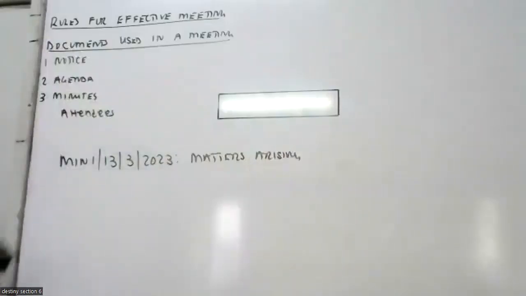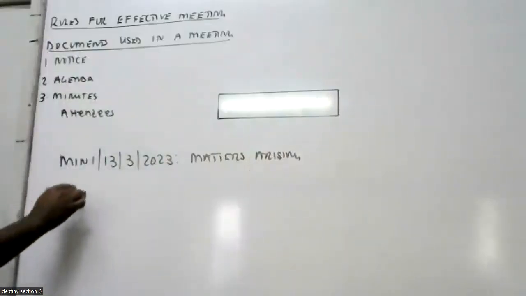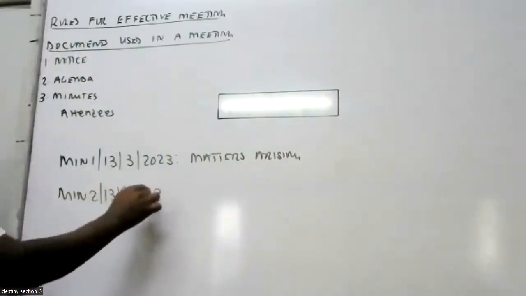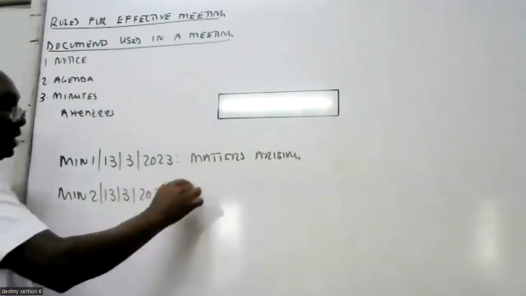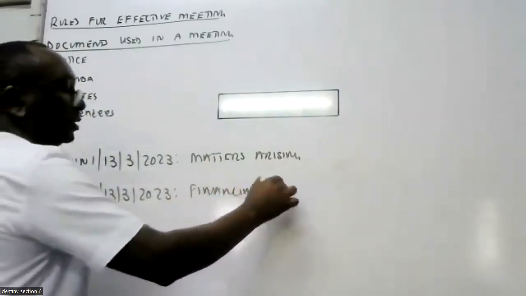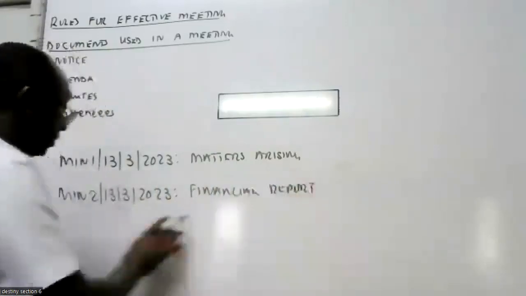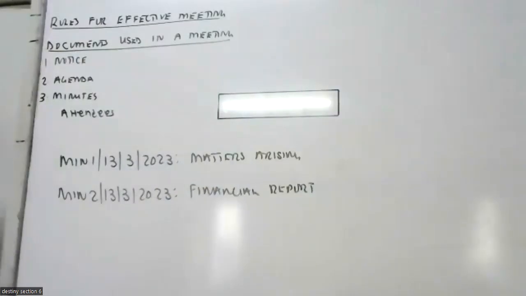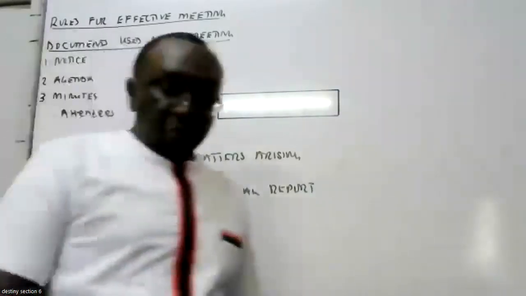So when you go to the next agenda, it's minute 2 of the 13th of March 2023. Maybe you are discussing finances, financial report. Then you go to the next one, that way. So they should be well numbered.